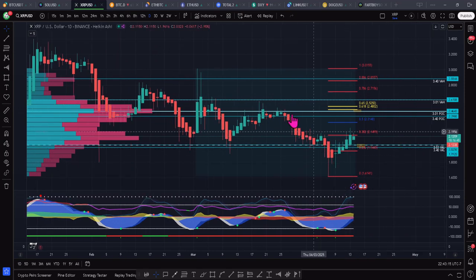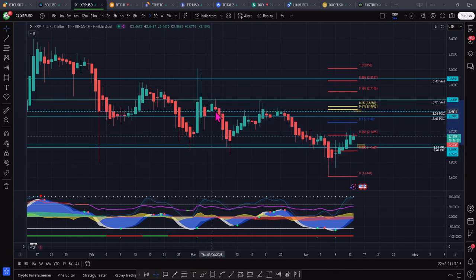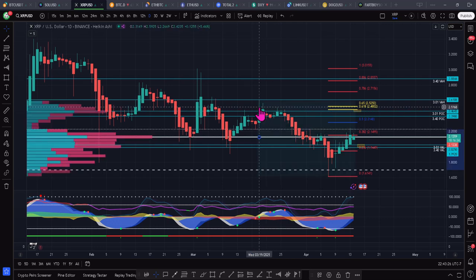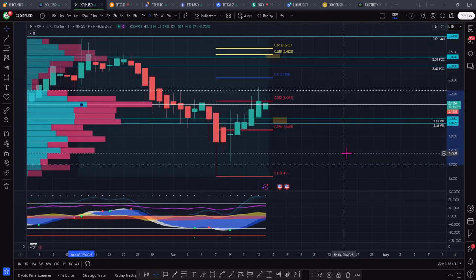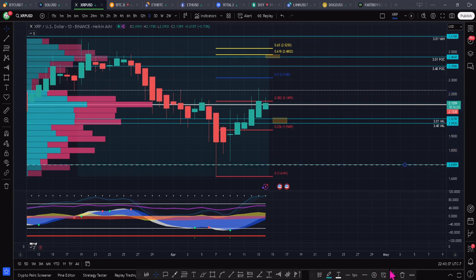So we identified those levels, and now we're going to move forward, zooming in even more, and then we're going to take this dot into, we'll be looking at the $2.59 level. Okay, so now we're going to go through this process again.